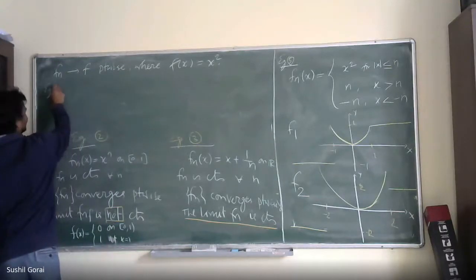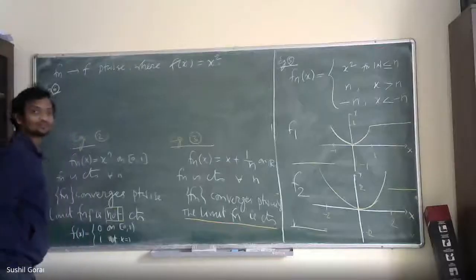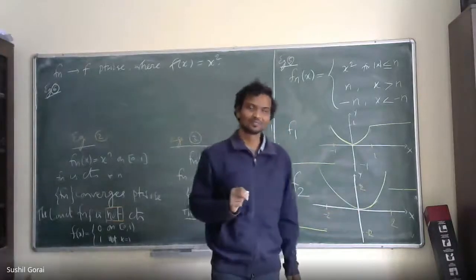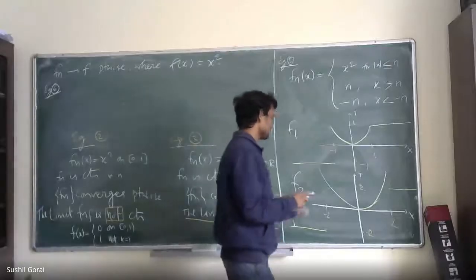Example 6. Sir, I quite don't understand how it converges to x squared. Can you explain it again? Yeah, is the picture clear to you? So look at the picture.